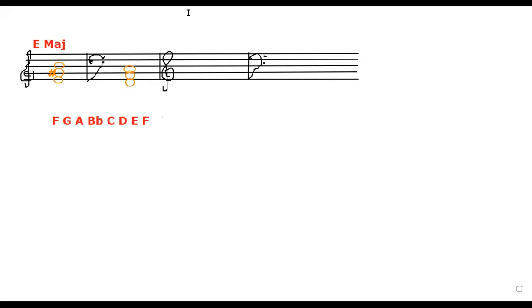And here's our 1, 3, and 5 in this key. Sorry, got my tools mixed up. Here's our 1, 3, and 5. Does that match? 1, 3, 5, 1, 3, 5. Yep, it matches.